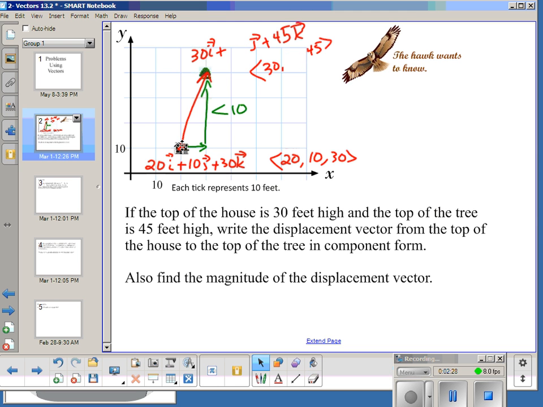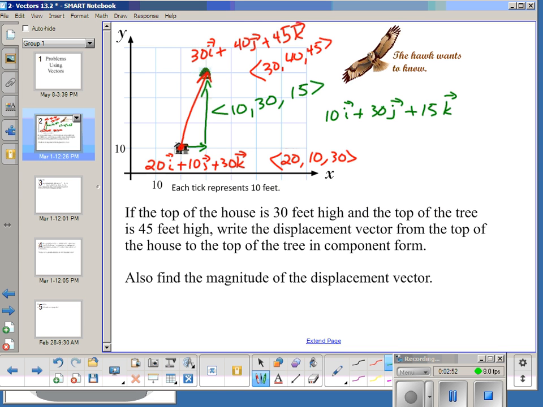And so we're going to add 30 to get there. And then finally, vertically, we are going up 15. And so there's our displacement vector. Again, we could write that also as 10i plus 30j plus 15k.